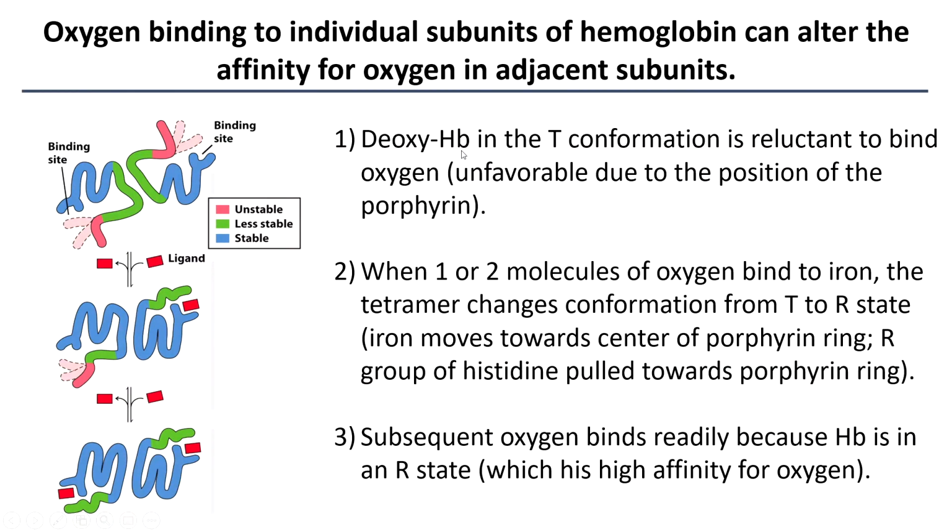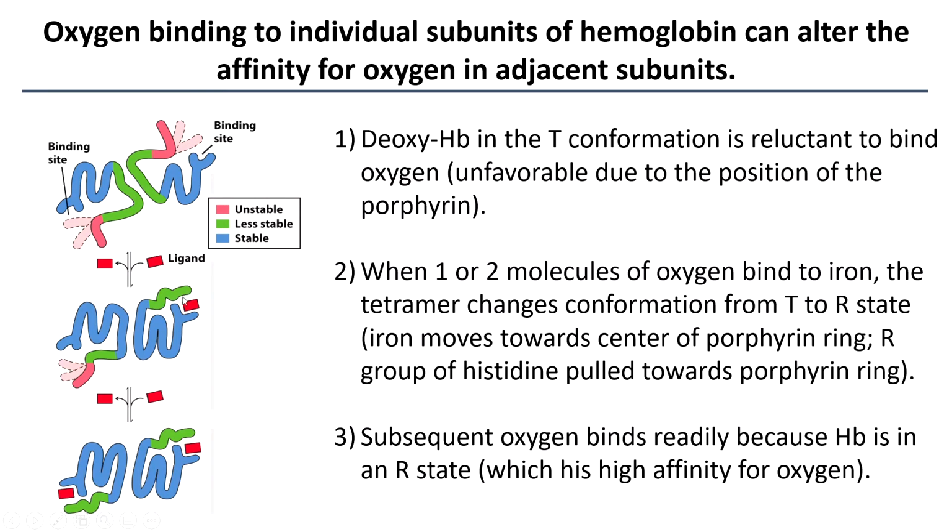When deoxyhemoglobin is in the T or tense conformation, it's reluctant to bind that first oxygen. It's unfavorable because that porphyrin heme group is closer to being buried in the center, and oxygen can't access its binding site.